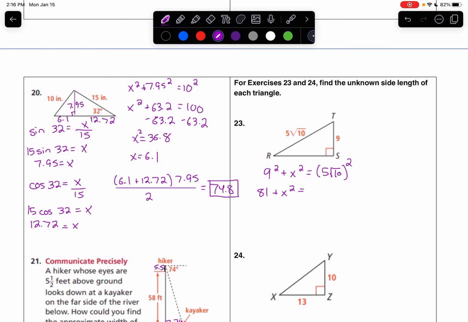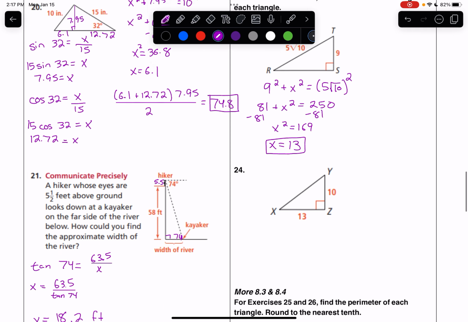Then I've got 5 squared, which is 25, times the square root of 10 squared, which is 10. 25 times 10 gives me 250 minus 81. We know how to solve the rest of the way. x squared equals 169, so x equals 13, the square root of that.